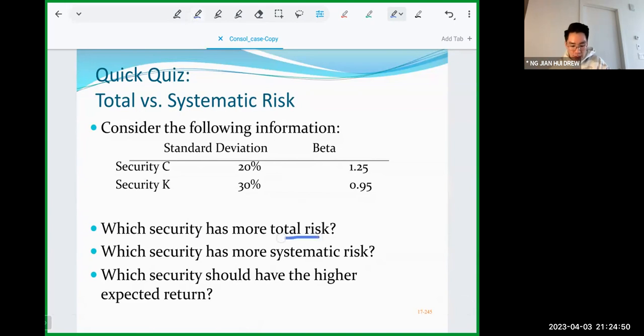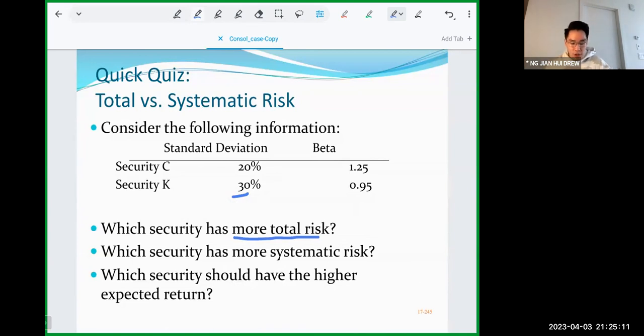All right, thank you. That's right, because of the higher standard deviation. So remember, total risk is measured by standard deviation.